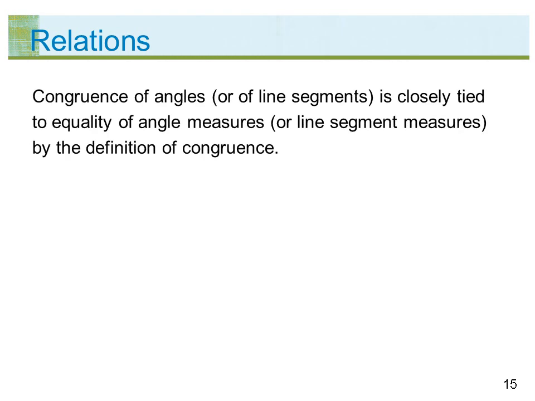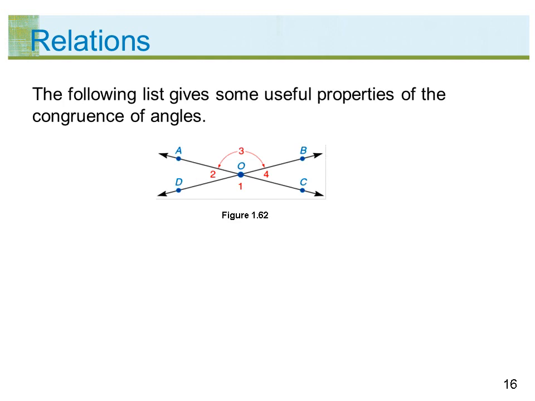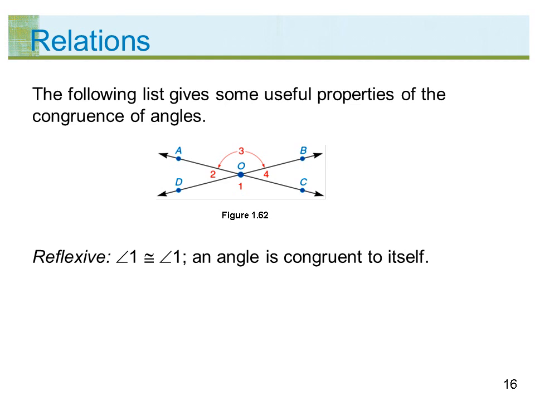Congruence of angles, or of line segments, is closely tied to equality of angle measures, or line segment measures, by the definition of congruence. The following list gives some useful properties of the congruence of angles. Reflexive. Angle 1 is congruent to angle 1. An angle is congruent to itself. Symmetric.